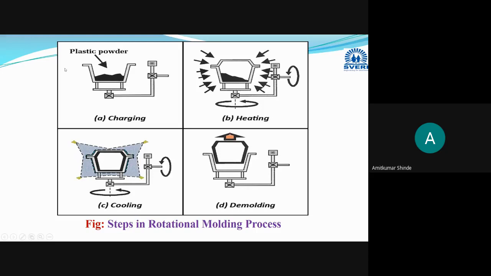Okay, it is made in such a way that it can be divided into two halves. And in the first half, we have to take the raw material in the form of a powder. This is also known as charge preform, and generally we are using thermosetting plastic materials. It is taken in the powder form.